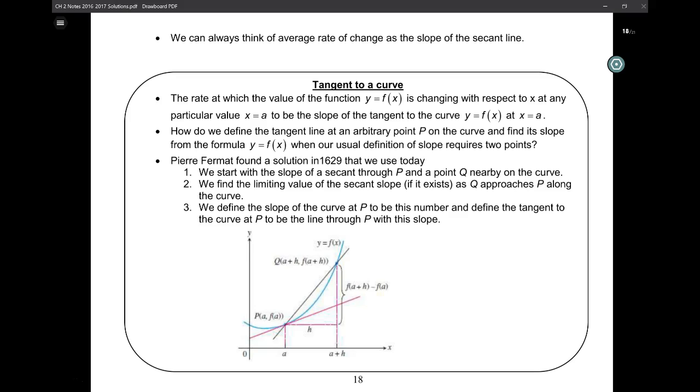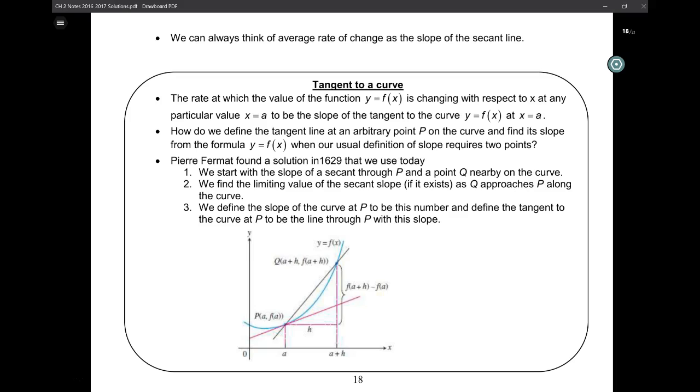So he came up with this solution of taking a secant line, all right? So say we start with a secant from P to Q. And what if we move that point Q closer and closer to point P, so that P and Q are so close together?